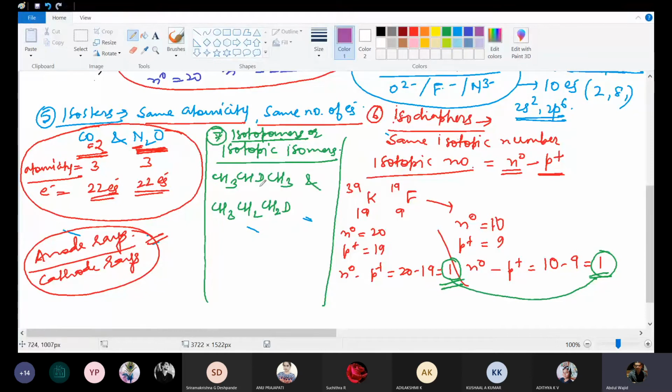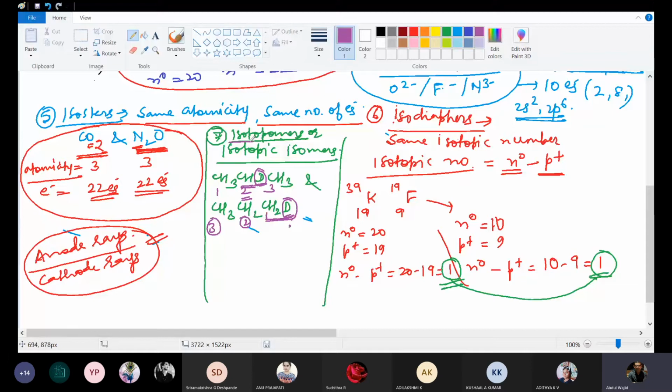See, instead of writing protium you wrote deuterium. Here the deuterium is on the second carbon atom, and here it is on the terminal carbon atom. If you take the carbons as first, second and third, here the deuterium is on the second, and there it is on the first. The number of isotopic atoms is the same, but their position is different.